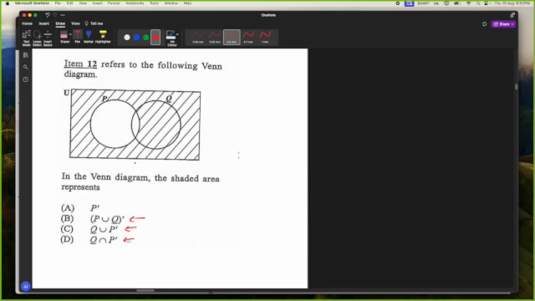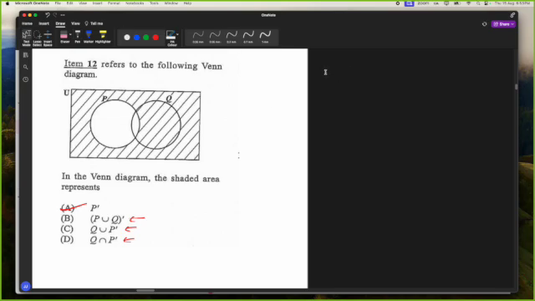But the answer here is A, P complement, because what is shaded is everything outside of P. And so that's what complement is. A complement is everything outside. P complement is everything outside of P.